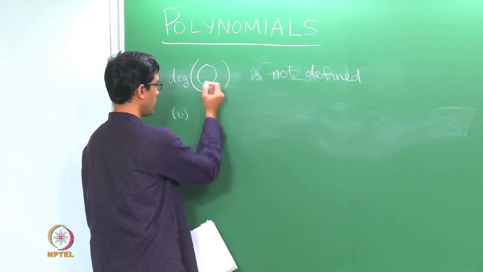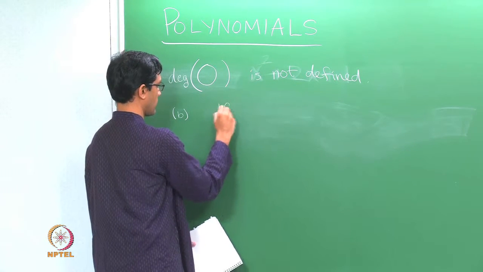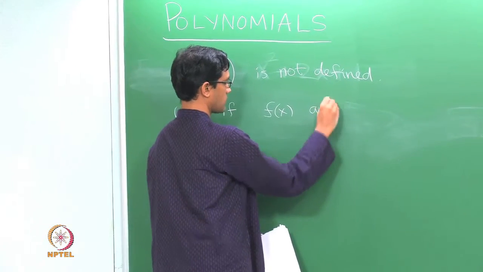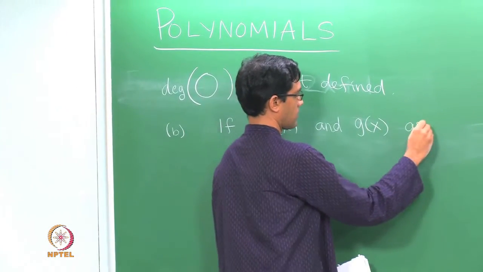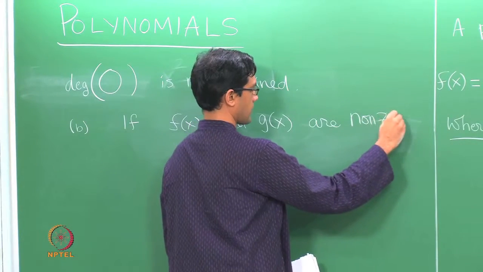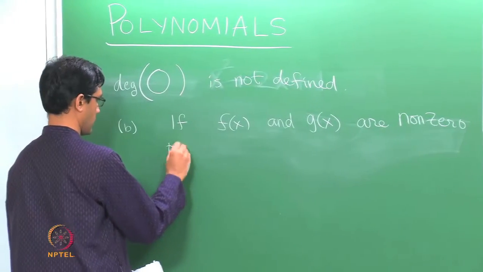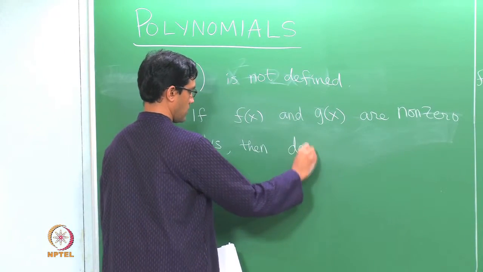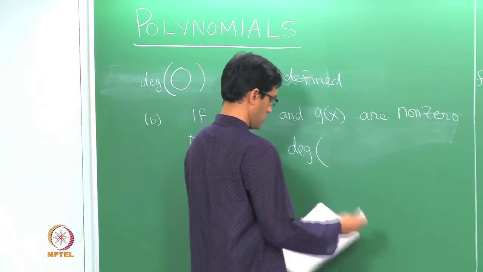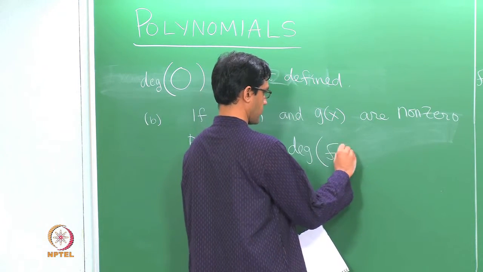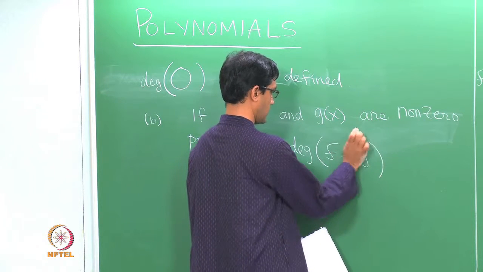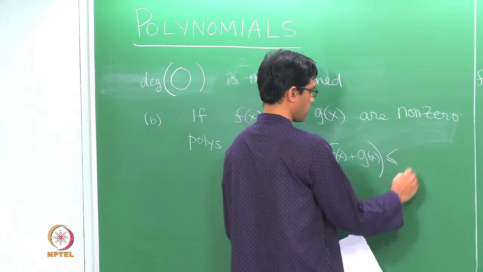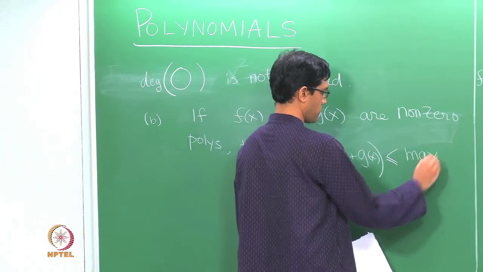So, if f of x and g of x are non-zero polynomials, then the degree of their sum, f of x plus g of x, is less than or equal to the maximum of the degrees.